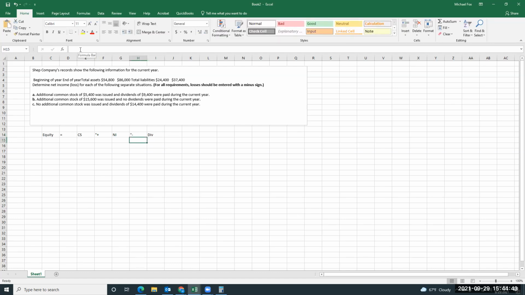Okay, so let's start by figuring out what our equity is. We know that assets equal liabilities plus equity.